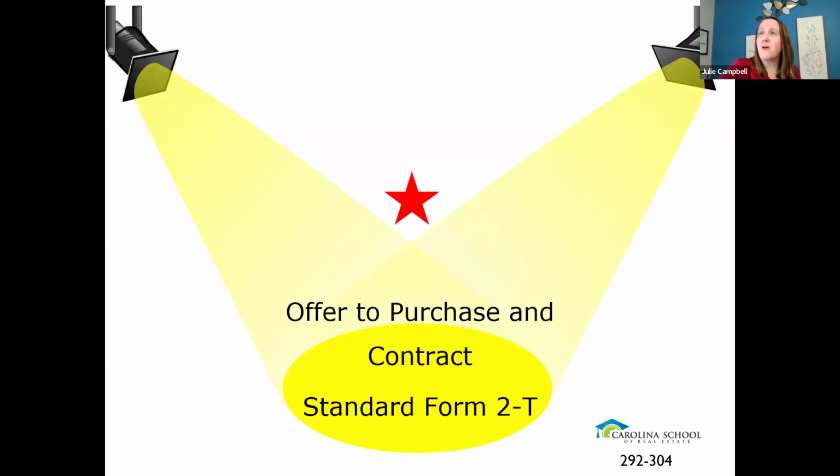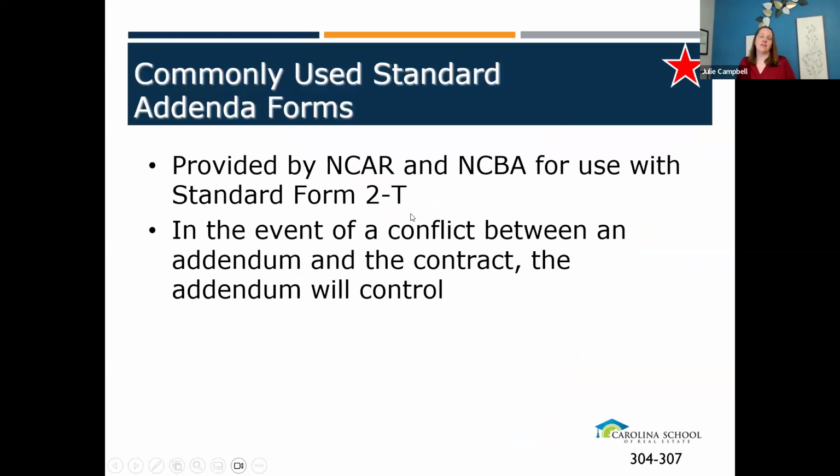The other big part of our offer to purchase and contract: many offer to purchase and contracts have some kind of addendum. Addenda are common things, but just not common enough to make it into the offer to purchase and contract yet. So we have some commonly used standard addenda, and of course, the North Carolina Association of Realtors and the North Carolina Bar Association provide us with these other pre-printed forms that we need to look at and fill in the blanks.